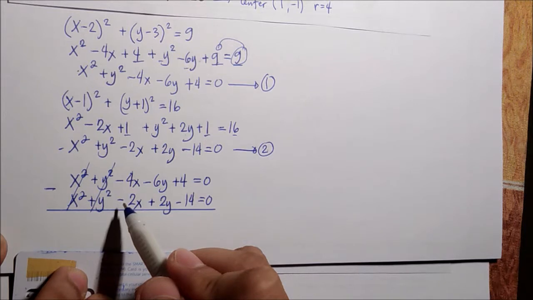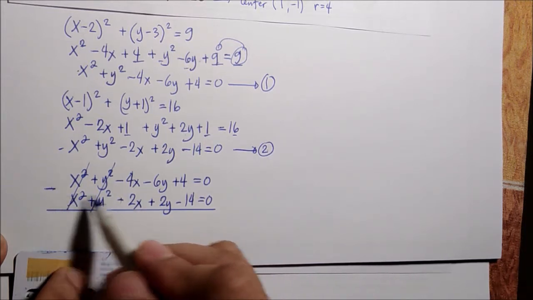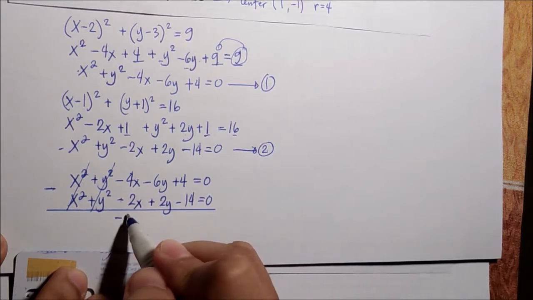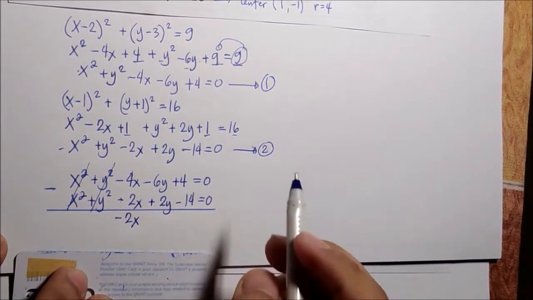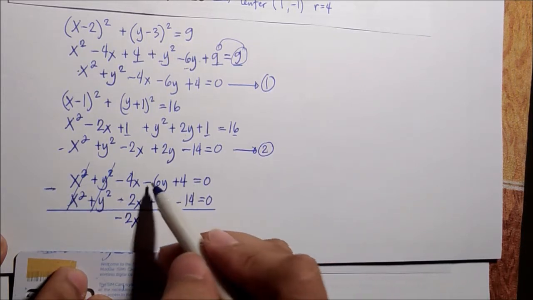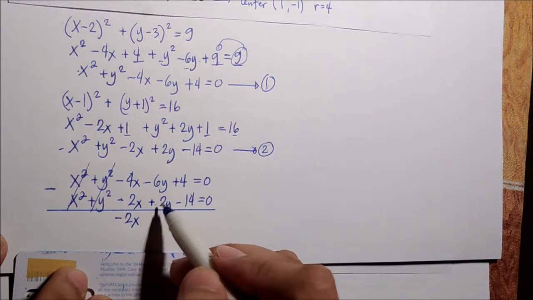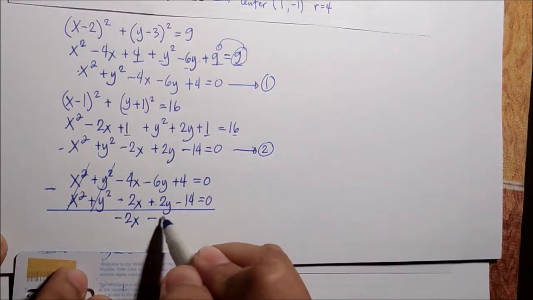Take the difference. This will become plus. So this is minus 2x. Next, minus 6 minus plus 2, this will become minus. So minus 8y.